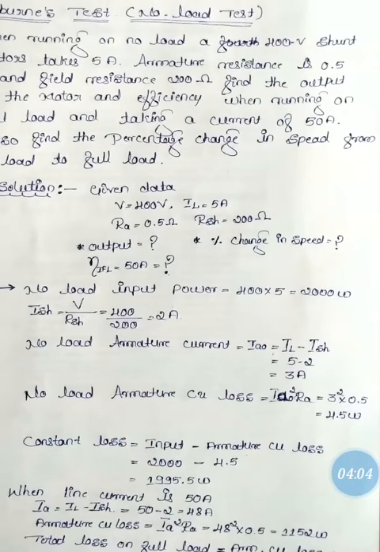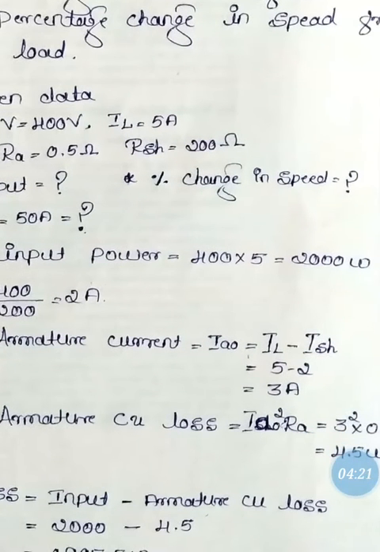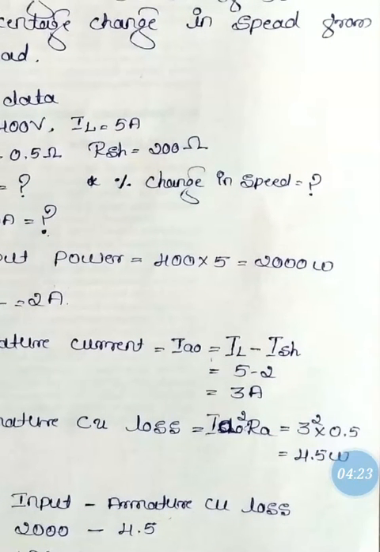Next we need to calculate the no load armature copper loss. Copper loss is the square of the current times its specific resistance. So Ia0 squared into Ra, where Ia0 is already calculated as 3, so 3 squared into 0.5, the given armature resistance.